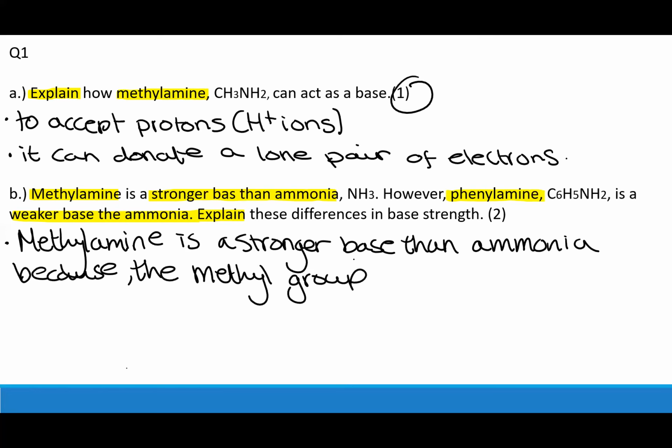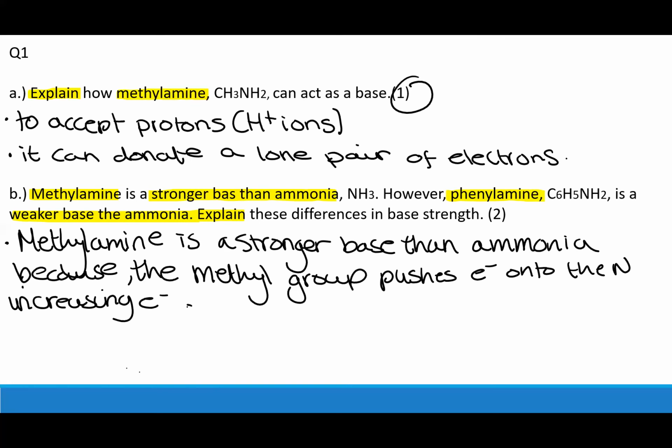What the methyl group does is that it pushes those electrons onto the nitrogen, increasing electron density. So the methyl group pushes the electrons onto the nitrogen, increasing electron density, making the lone pair more available.